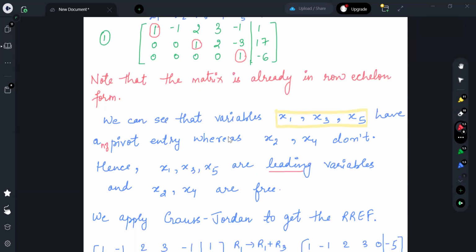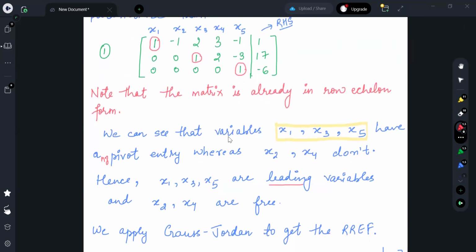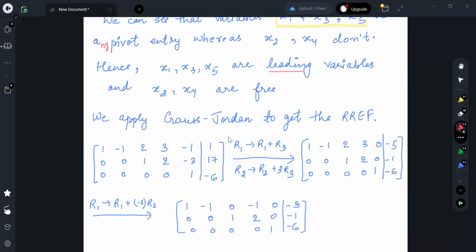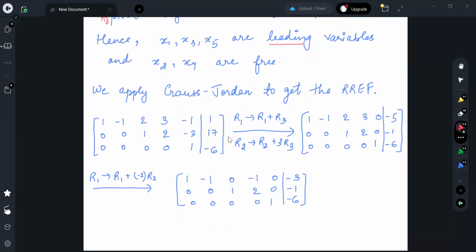So once I know that this system is definitely going to have infinitely many solutions, I'm going to apply Gauss-Jordan to get the RREF. I'm already at the Gauss elimination step, and I'm going to make everything above my leading ones 0. I start from the last pivot entry, and I want to make everything above this corner 1 zero. So I need to operate on row 1 and row 2.